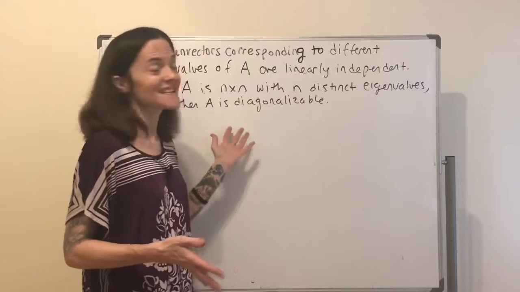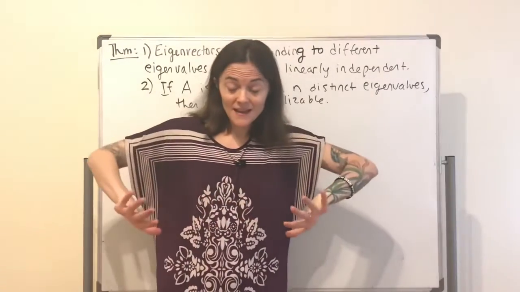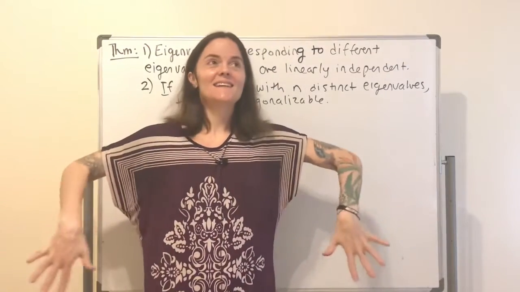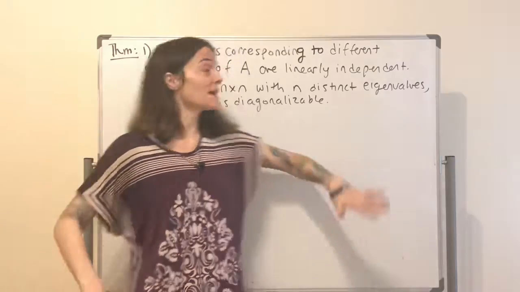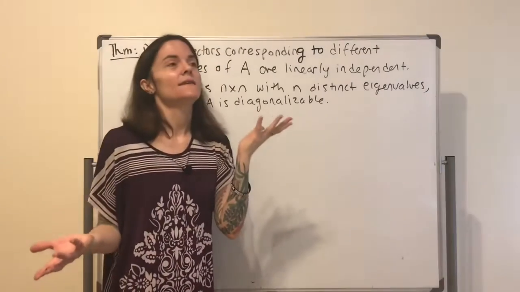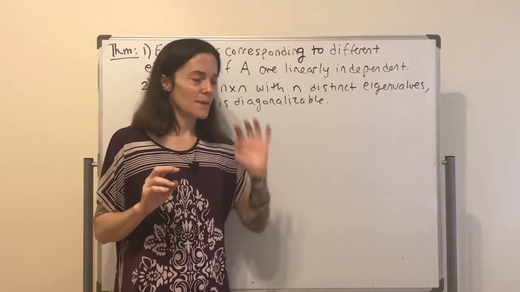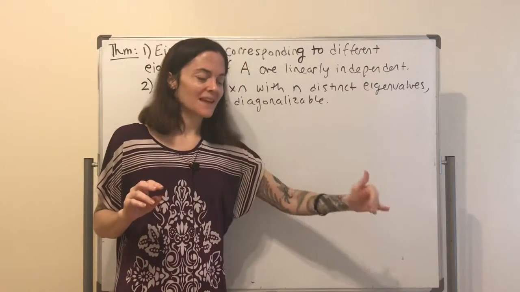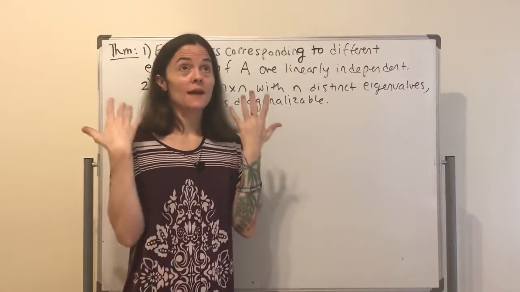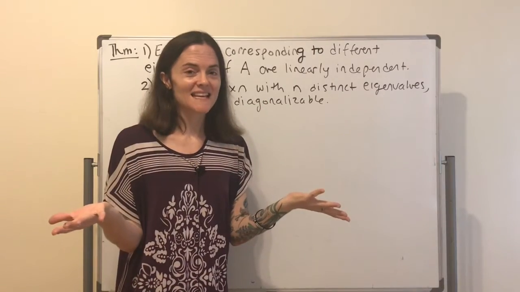The reason this is a consequence is, you can find n linearly independent eigenvectors because these are all distinct. Those would make the matrix S, and then in the matrix B, we would put the eigenvalues along the diagonal. And here you have a diagonalization of A.